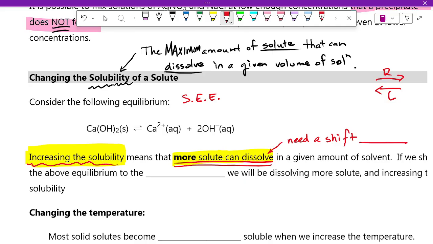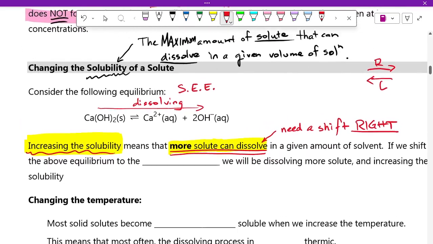Okay, you know what we're going to do? Cross your fingers. That's for R. Okay, that's an R. Left, L. What do we think? Right, left, or I don't know yet? Got lots of rights. Okay, yes, because this direction is dissolving. Okay, going to the right is dissolving. So we need a shift to the right to dissolve more solute.